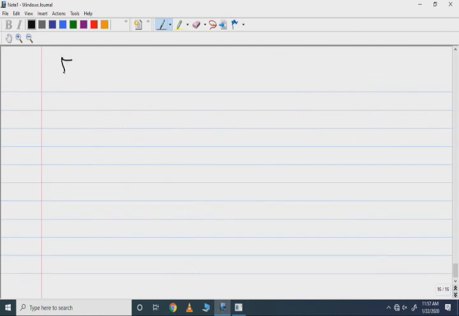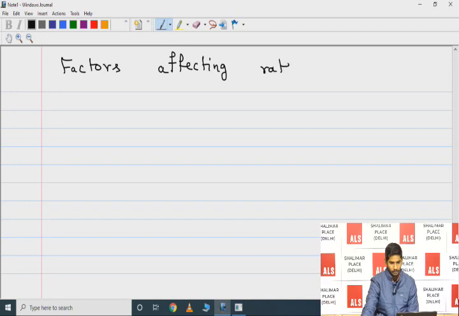Next is factors affecting rate of reaction.